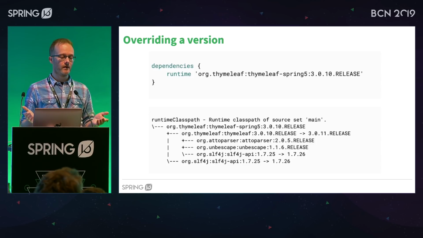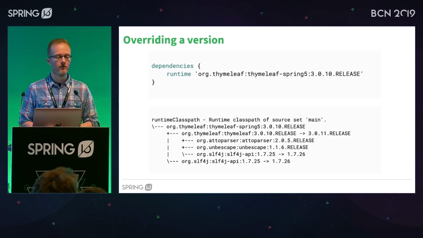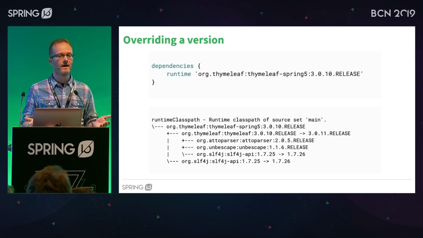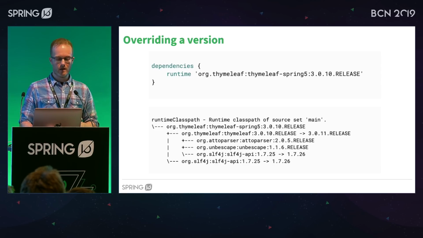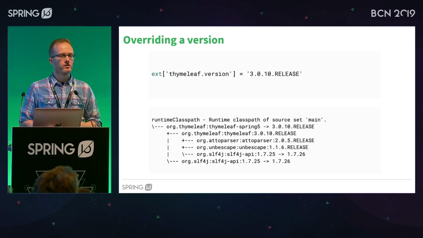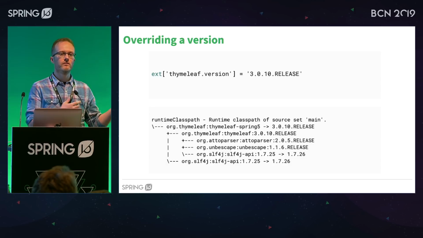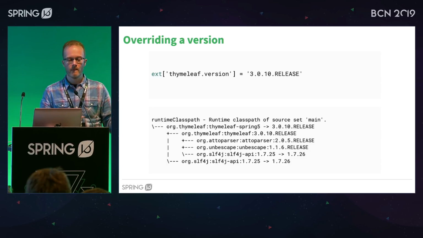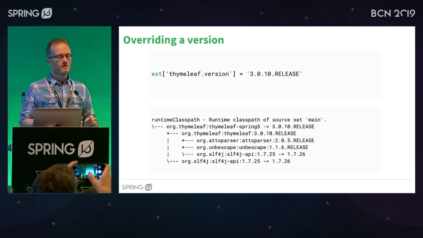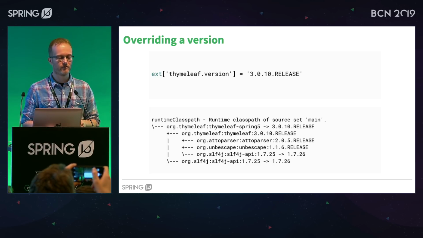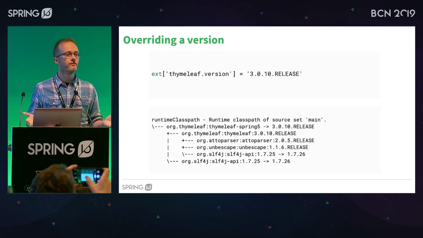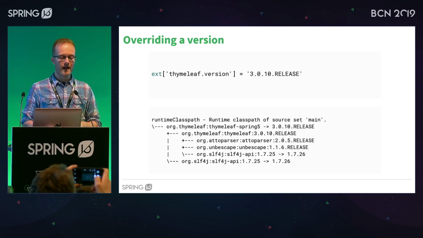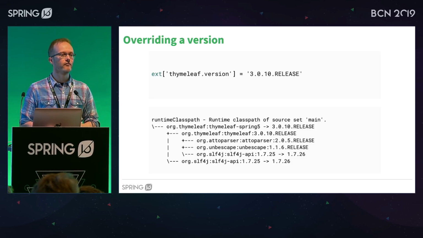You could add an explicit dependency declaration on the Thymeleaf module and express an opinion there, but a better way to do it using the Dependency Management Plugin is to override the version instead. So this is the version property that I showed you in the original BOM. This is Gradle syntax for configuring an extra property. Here we're setting the thymeleaf.version extra property to version 3.0.10, and you can see now that that's what we've got for both modules.